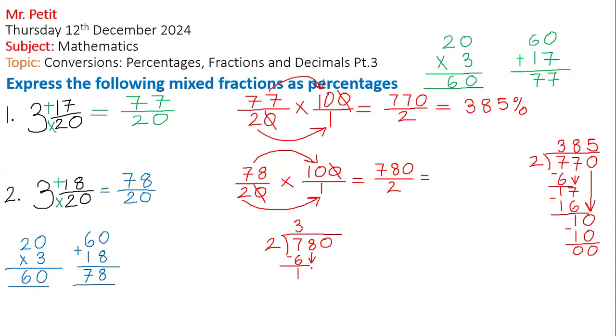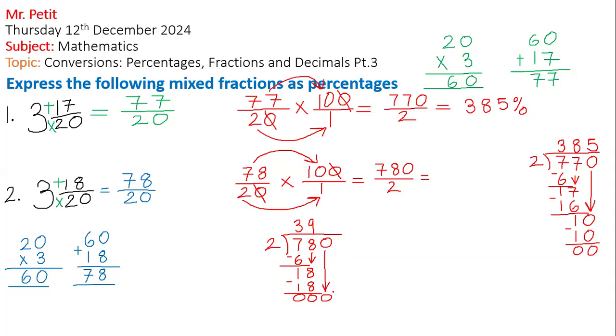How many times does 2 go into 18? 9 times. 2 times 9 is what? 18. 18 minus 18 is 0. Bring down the next 0.